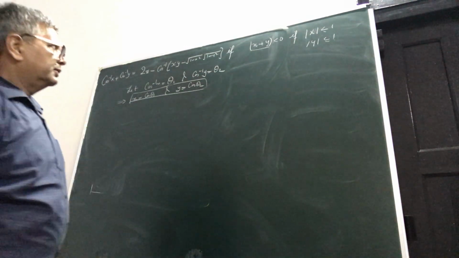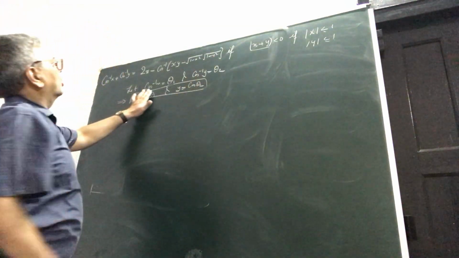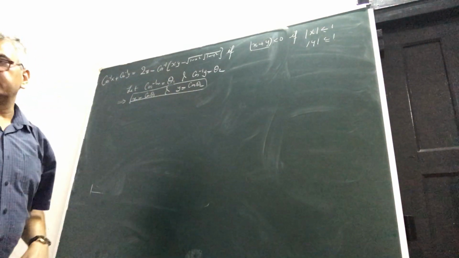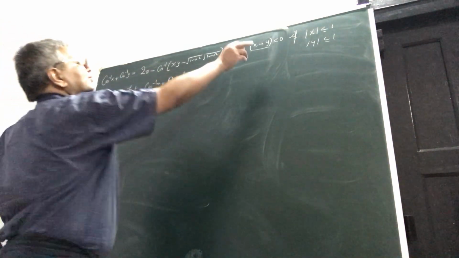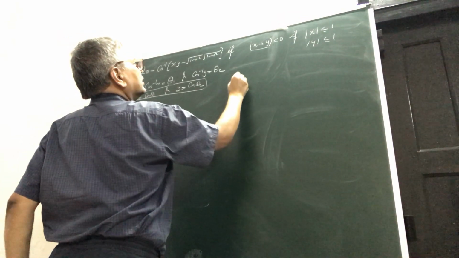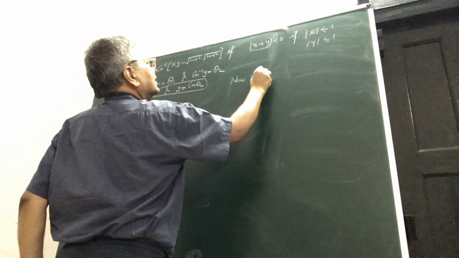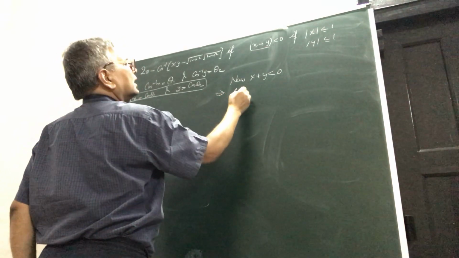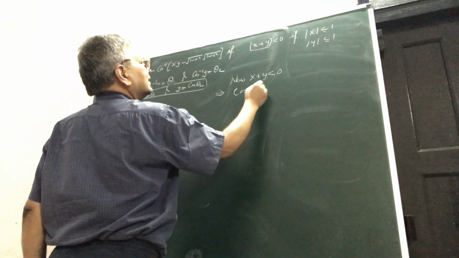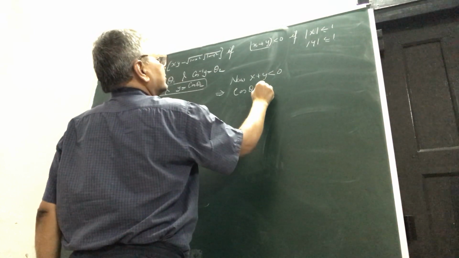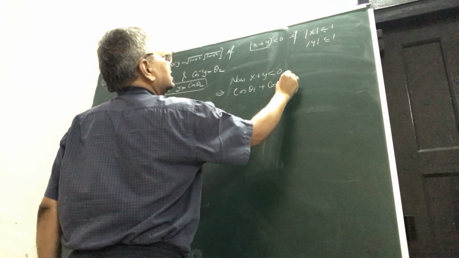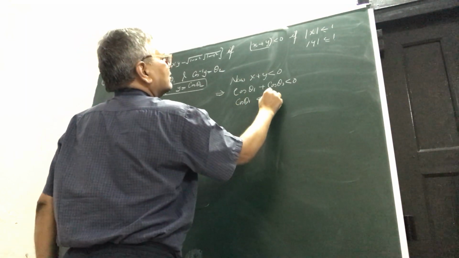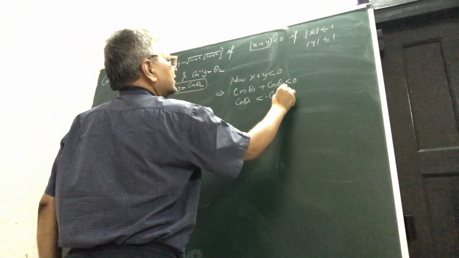So simple here. You have assumed cos inverse x is theta 1, cos inverse y is theta 2. So x is cos theta 1, y is cos theta 2 as usual. So x plus y is less than 0. This implies what? Cos theta 1 plus cos theta 2 is less than 0, or cos theta 1 is less than minus cos theta 2.